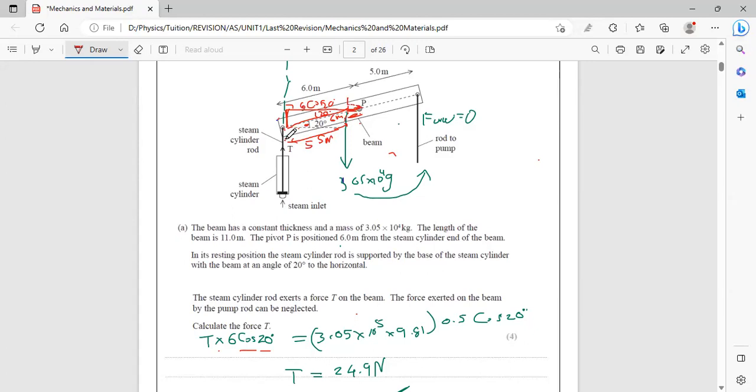Distance from corner to center of gravity is 5.5, right? So then the distance between P and center of gravity should be 0.5 meters, right? 0.5.